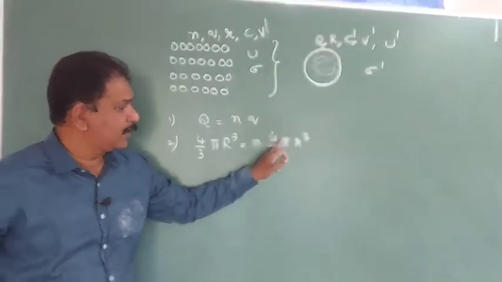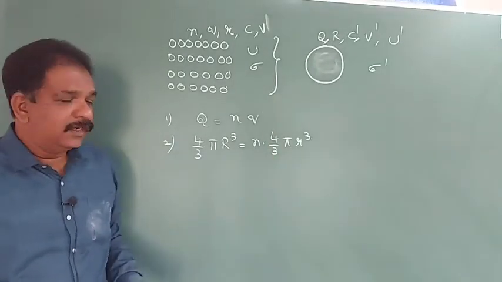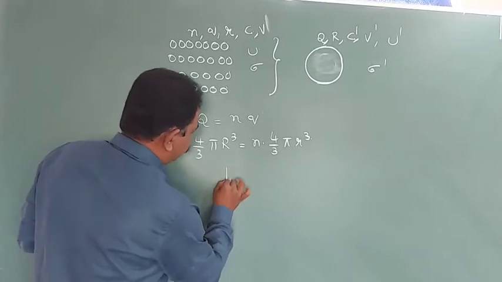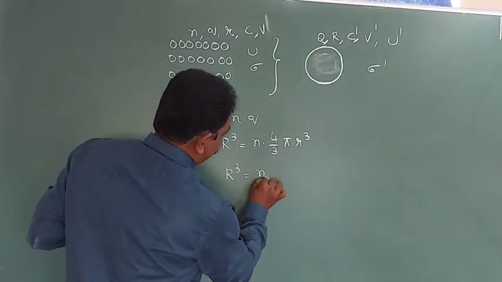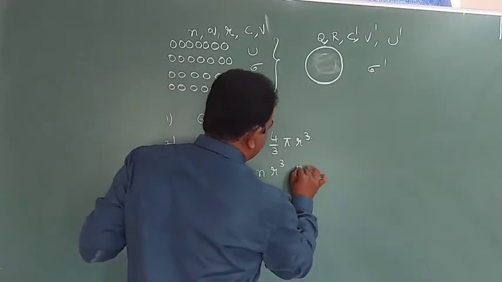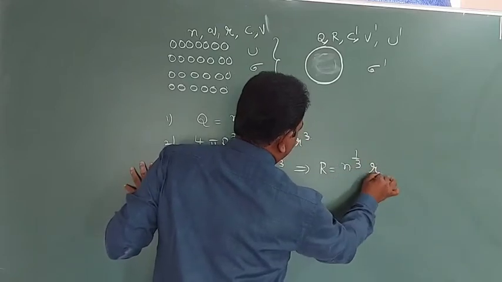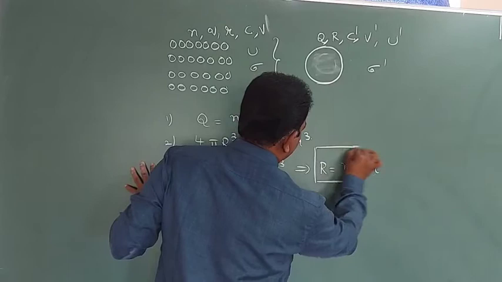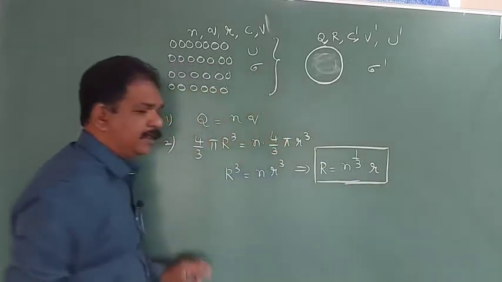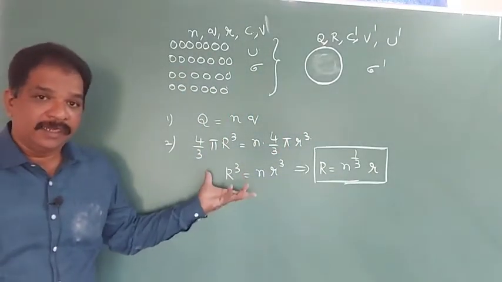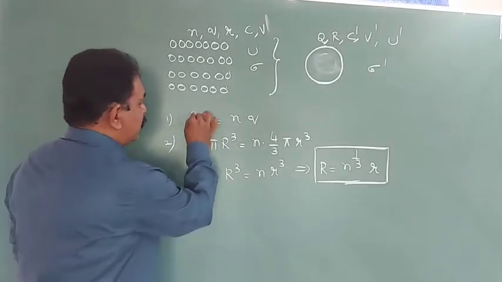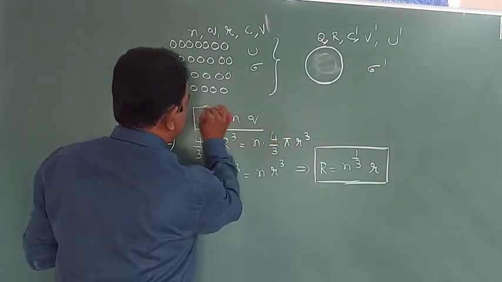So capital R cube is equal to n into small r cube. Then capital R is equal to n power 1 by 3 into small r. This is the relation between radius, and this is the relation between charge.